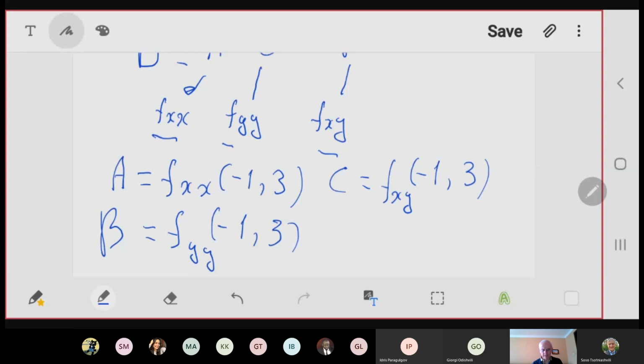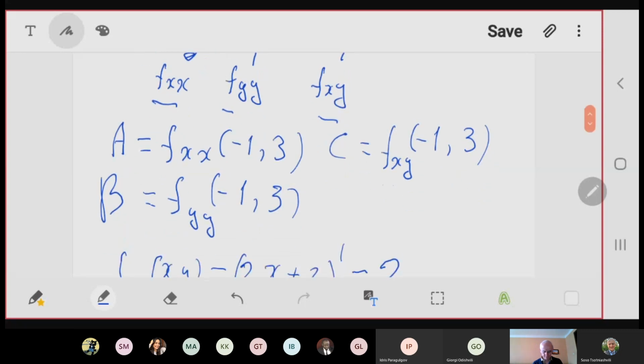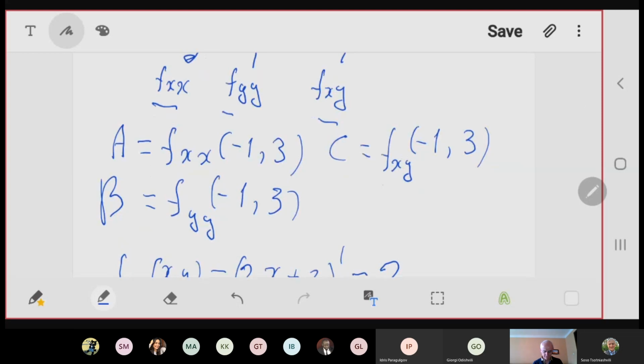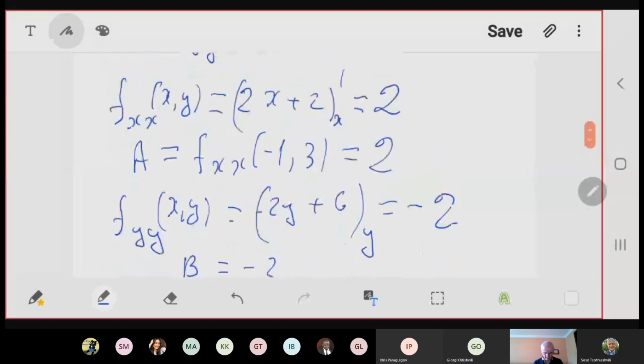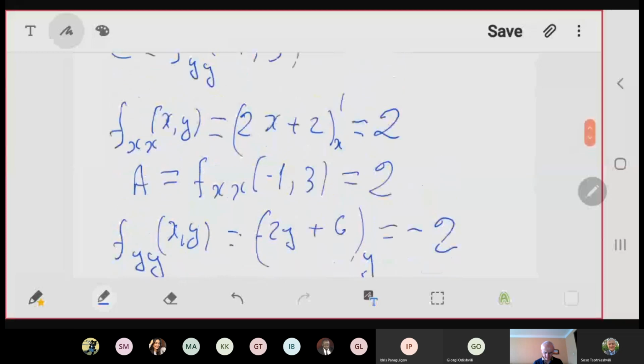So here, x, y. How do we denote f_xy? It's B. Yes, it's B. And it's C. Okay, so now here we have f_yy.